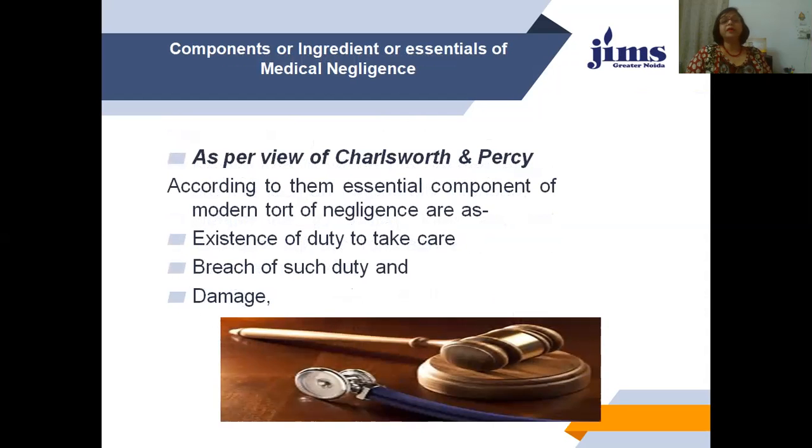Regarding the components or ingredients or essentials of medical negligence, what essentials are necessary to constitute medical negligence?